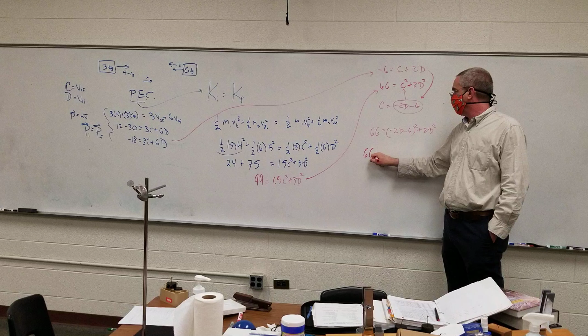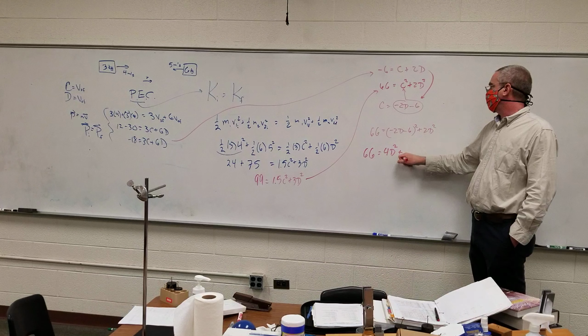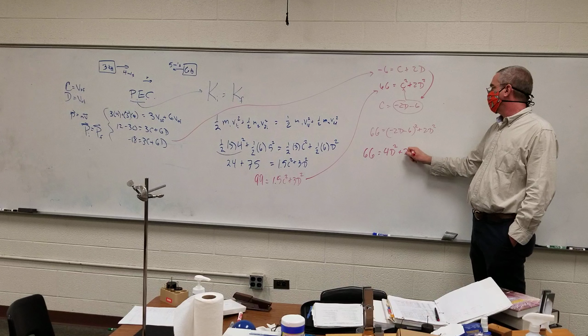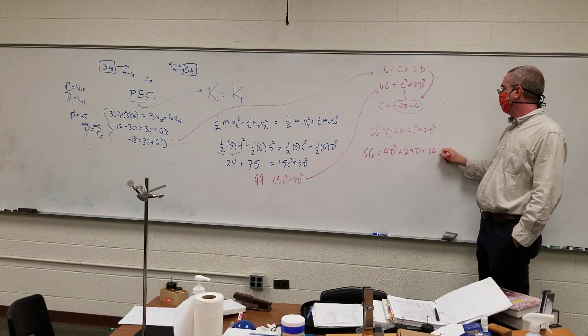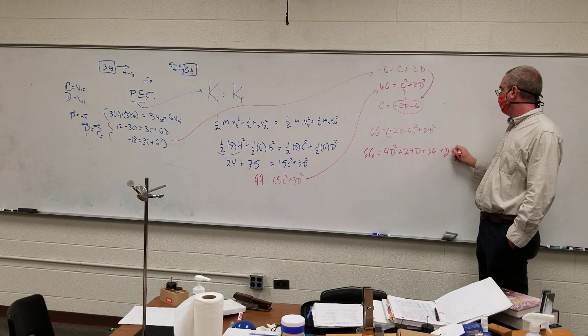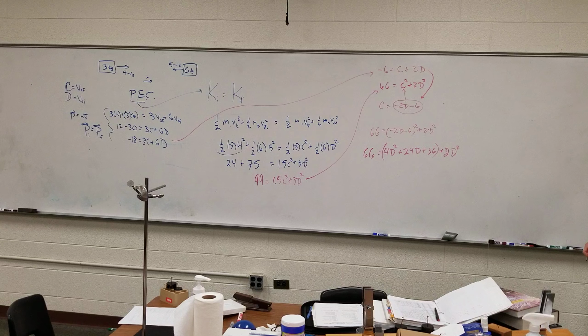And so 66 is equal to four D squared plus 24D plus 36. So 4D squared, 36, so 6 times 2 is 12, times 2 is 24, okay. I'm feeling somewhat confident.